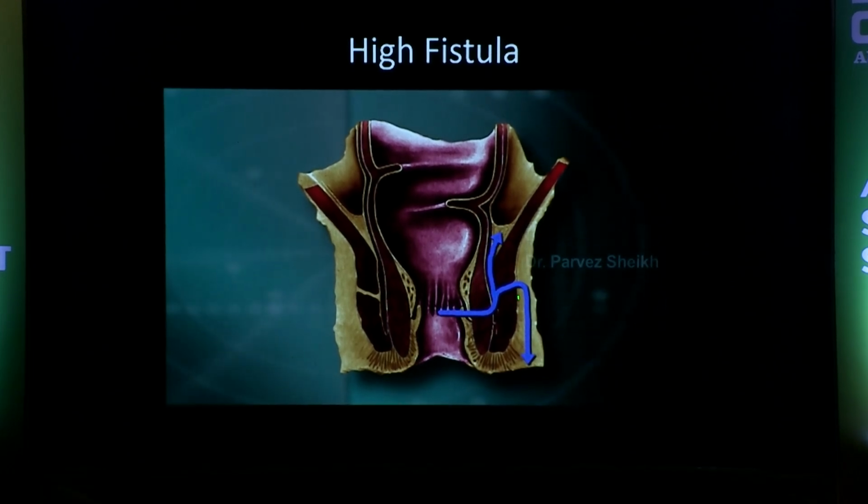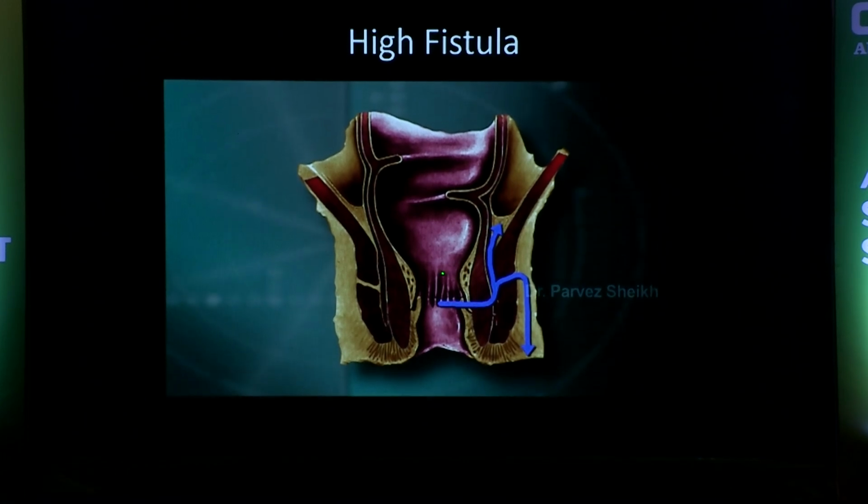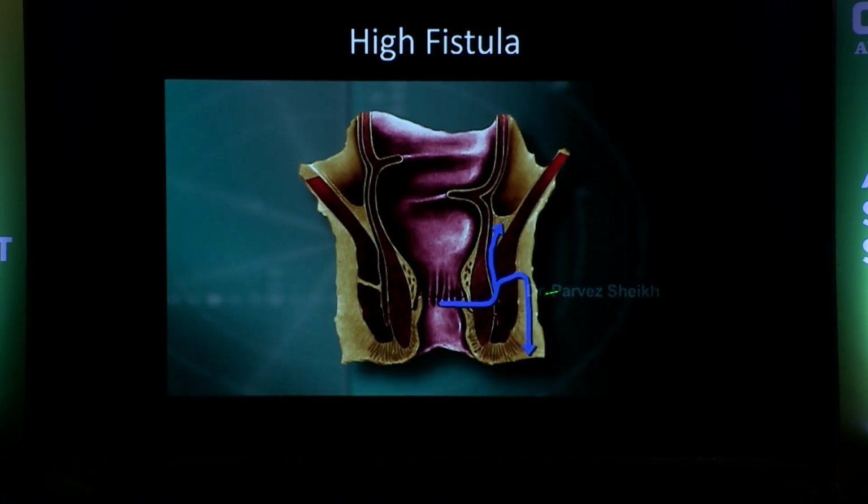So as I said, you have two types, broadly, the high transsphincteric and the high intersphincteric. Now, as he said, the high intersphincteric goes between the two and up here, as he showed, and the high transsphincteric travels between the deep part and the superficial part. That means technically it is below the anorectal ring.